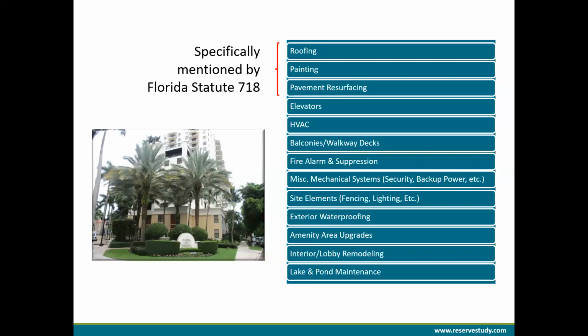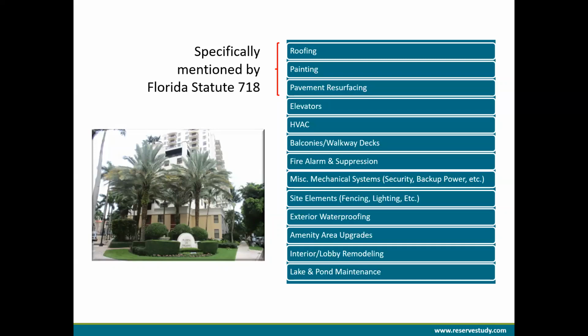Now, I know the statute, again, has that definition of what's over $10,000, but the problem we see is that not all associations, not all boards know what things cost, right? They don't know whether that should be on this list at all or not. So just to give you some idea for perspective, for a smaller, simpler, townhome style community, very often we might have 15, 20, 30 individual components on the list.